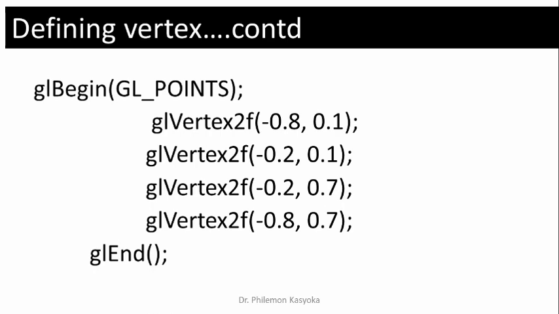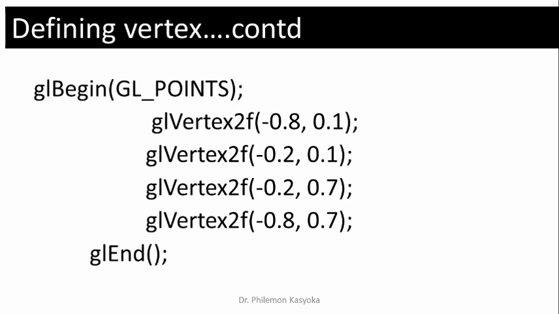Now let's look at this sample code here. Within this glBegin, we specify that we're working with points. What comes next are the dimensions given for the points we are going to be working with. You can notice that we're talking of glVertex2f, not 3f, 2f, meaning we need two float values within those brackets.